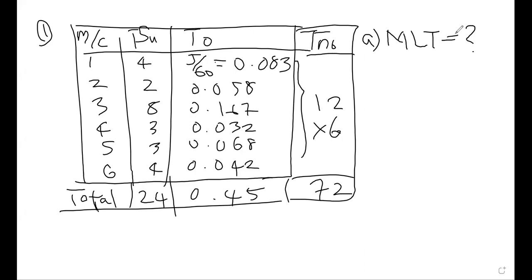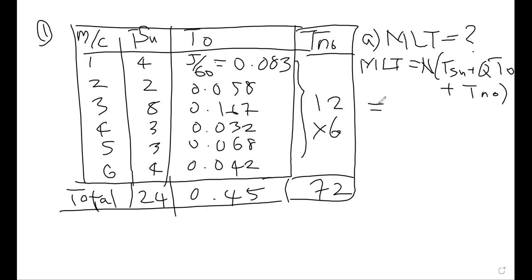From the formula, we have MLT equals N times T_SU plus Q times T operation plus T non-operation. Here, how many N do we have?